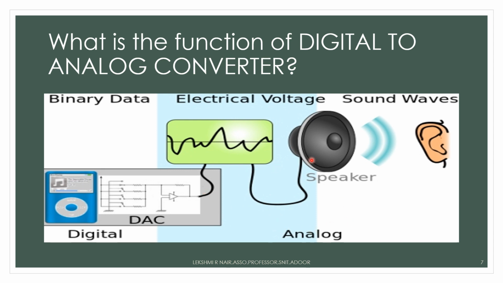We can hear this analog signal by using speakers. The purpose of a digital to analog converter is to convert a digital signal to an analog signal. The digital signal can be binary data. It is converted to a continuous electrical voltage by using a digital to analog converter.